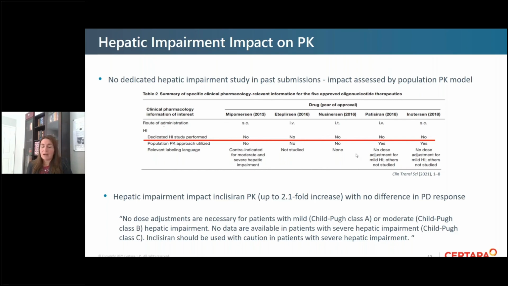There was an impact of hepatic function on exposures, an increase of about 2-fold in PK with increasing degree of hepatic impairment, but the results on the PK and exposures did not impact the PD response. And the consequence in the label is that no dose adjustment was required for inclisiran in hepatic impairment, despite the differences in PK that were observed.